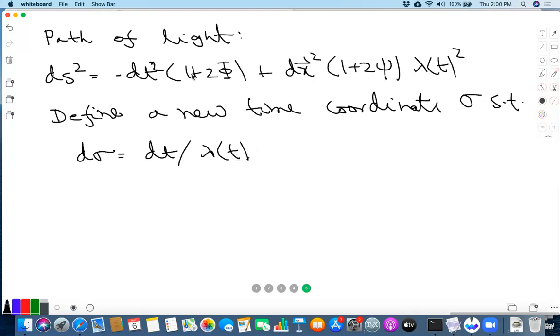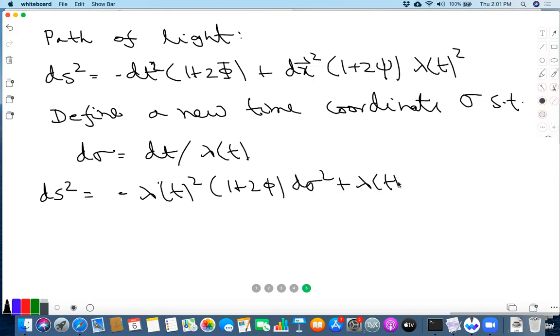Then I can write the metric in this new coordinate as minus lambda of t square, 1 plus 2 phi, d sigma square plus lambda of t square, 1 minus 2 psi, dx square.